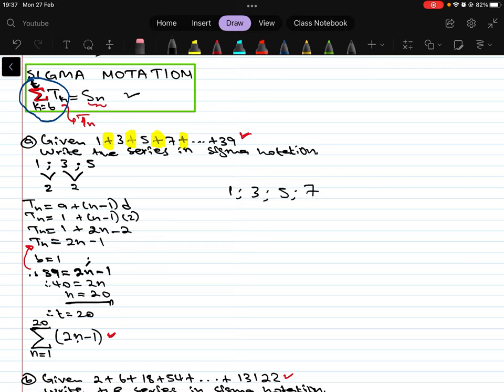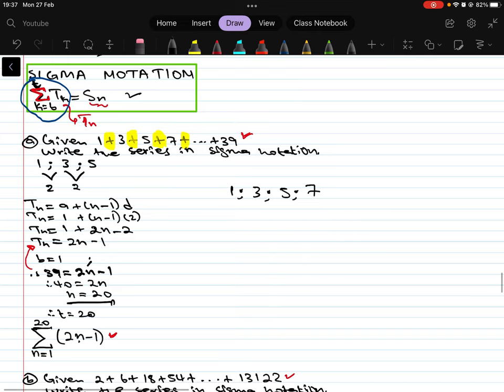This is an arithmetic sequence, or a linear sequence rather. Depending on which term you prefer, linear or arithmetic, they still mean the same thing. If they give you these terms and ask you for the sum of all these terms, you are basically just going to add all of them.